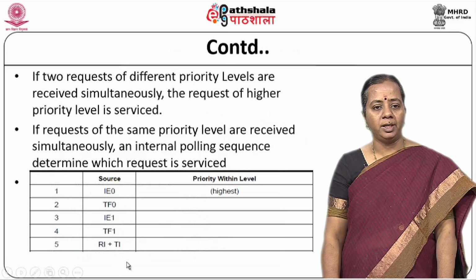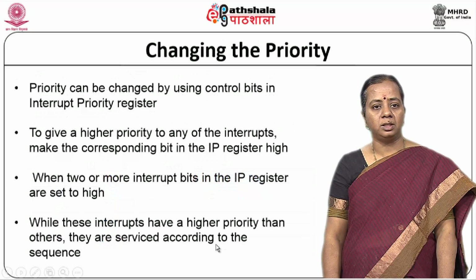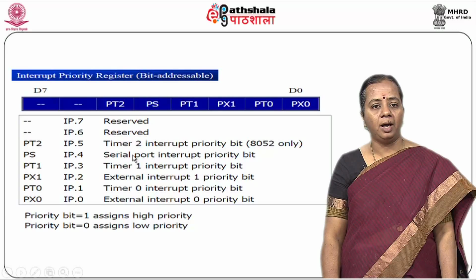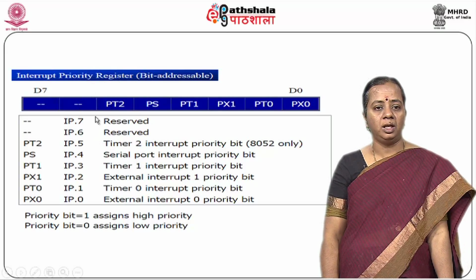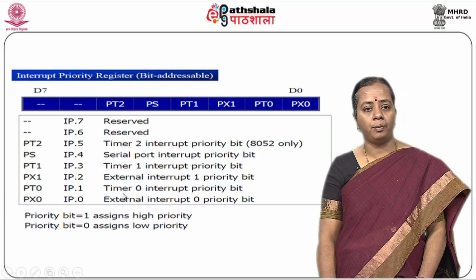See, if I am looking at IE0, TF0, IE1, TF1, this is the way it goes. This is the highest priority, and this is your lowest priority. If I want to set it the other way around, giving something the first priority and something the next priority, then I can use the interrupt priority register, where if I set a bit to 1, that interrupt is assigned a higher priority, and if I set a bit to 0, it is given a lower priority.